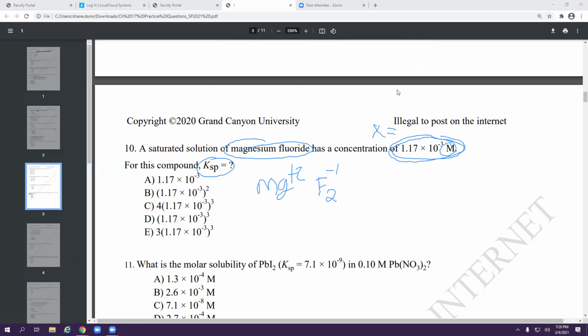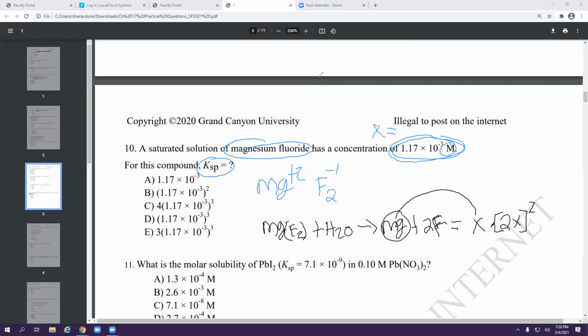When magnesium fluoride dissociates in water, I'll get Mg2+ plus 2F-, which will equal X times 2X squared. Mg just becomes the 1X, and 2F becomes the 2X squared.